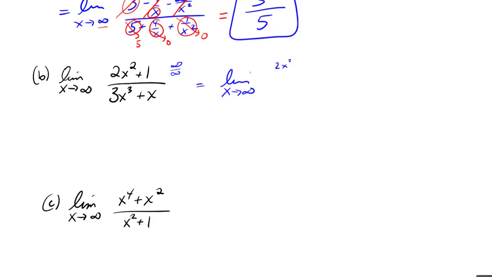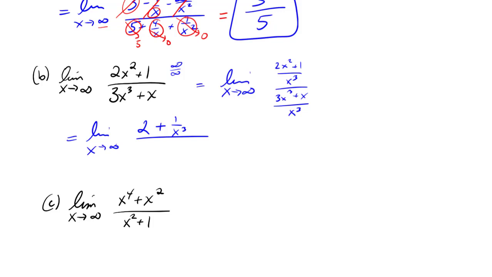So I'm going to take 2x squared plus 1 over x cubed, and I'm going to take 3x cubed plus x over x cubed. And let's see what I get.